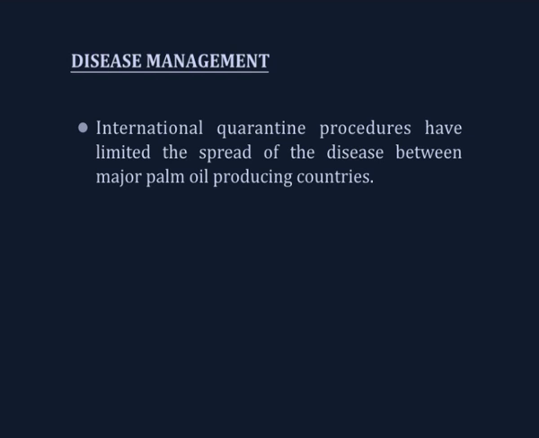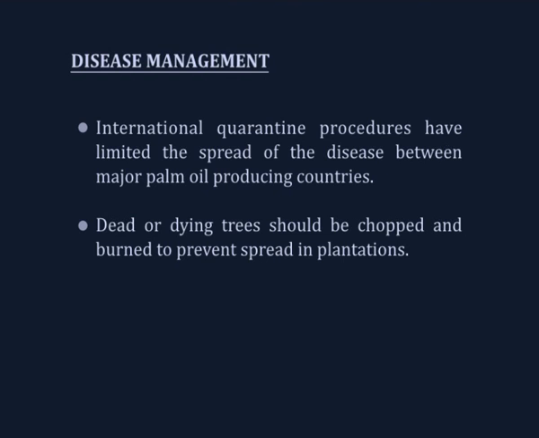International quarantine procedures have limited the spread of the disease between major palm oil producing countries. Dead or dying trees should be chopped and burned to prevent spread in plantations.